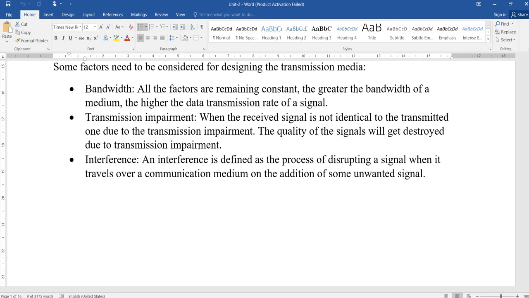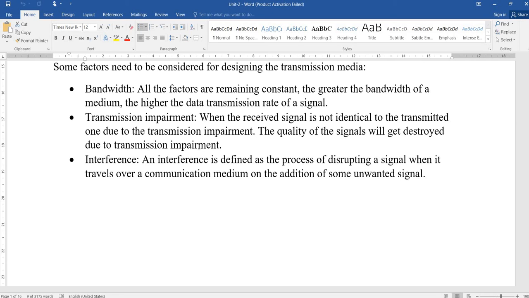Then there are transmission impairments; we already explained that different types of impairments exist: attenuation, noise, and distortion. All these are transmission impairments, when the received signal is not identical to the transmitted signal. Last class we already explained this.